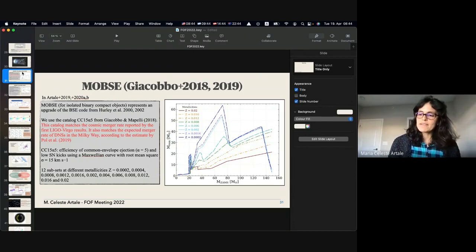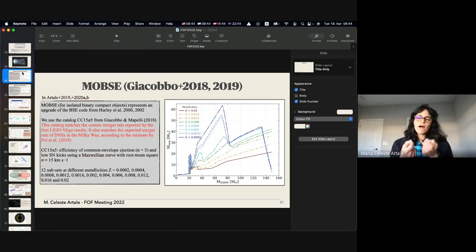But in particular, one of the main aspects, I think, is this common envelope that I mentioned, because, as far as I know, it was not detected itself. It's a stage where the mass transfer between the secondary and the primary is unstable and creates this envelope of hydrogen around the binary system.